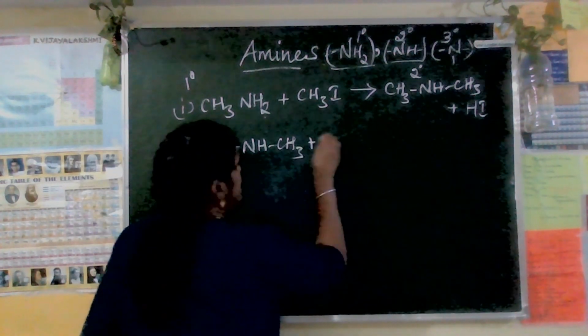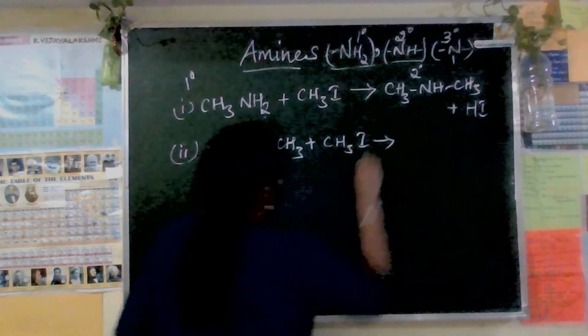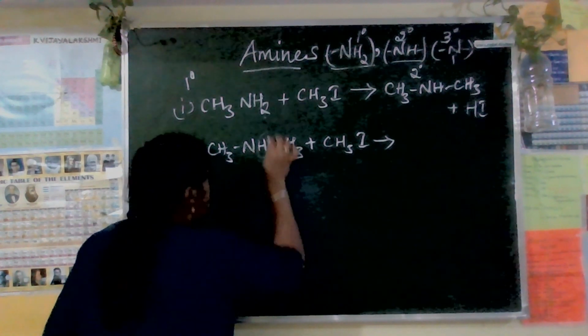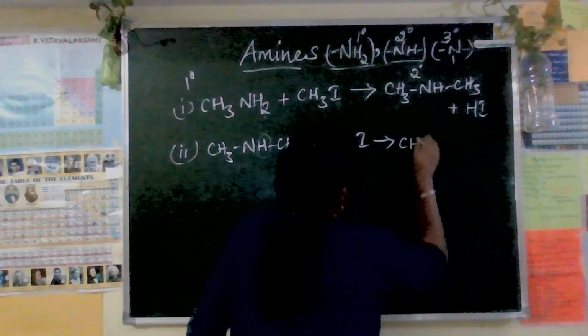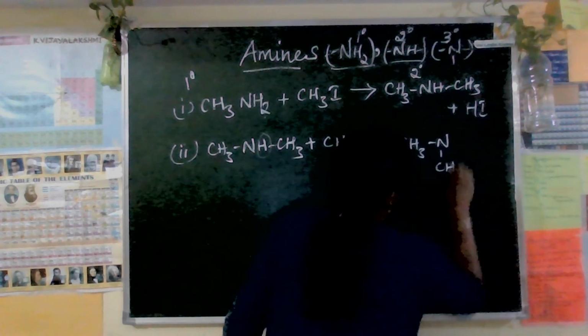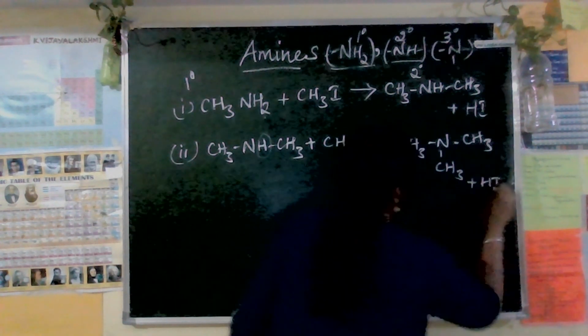Now again it will react with methyl iodide CH3I. The hydrogen will be taken from here, so you will get CH3NCH3 with another CH3, and hydrogen iodide.